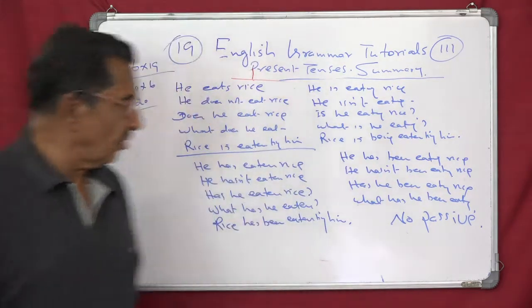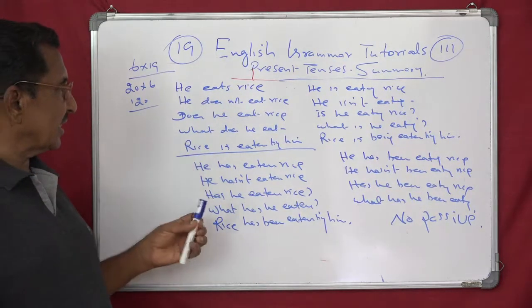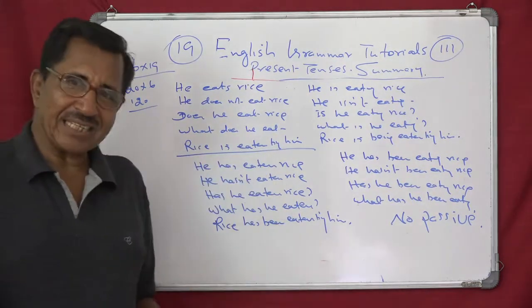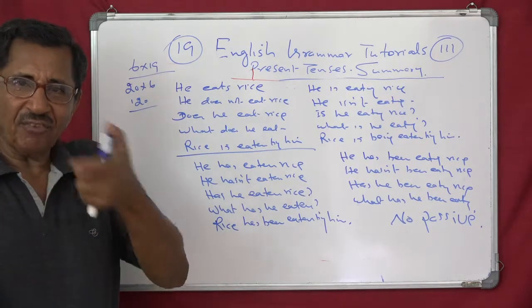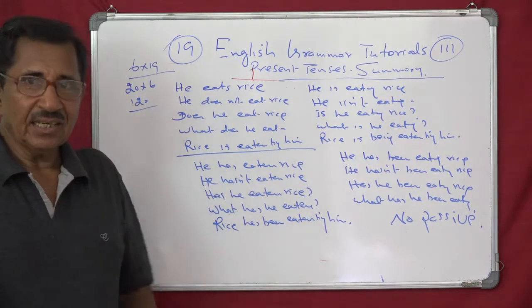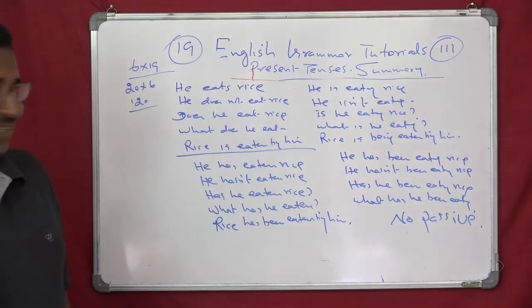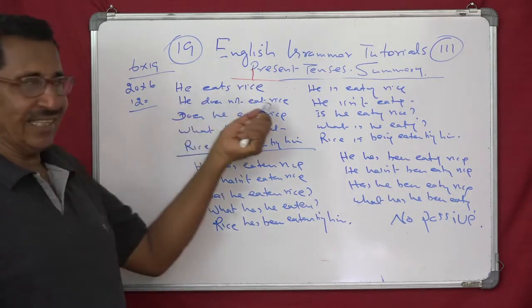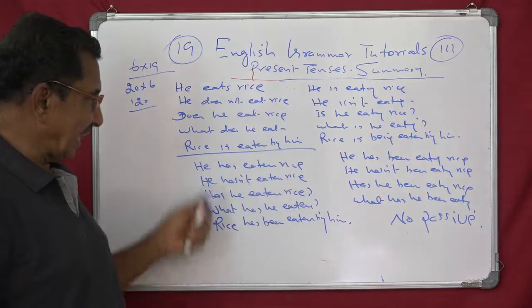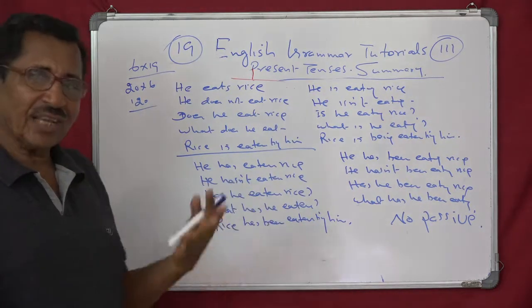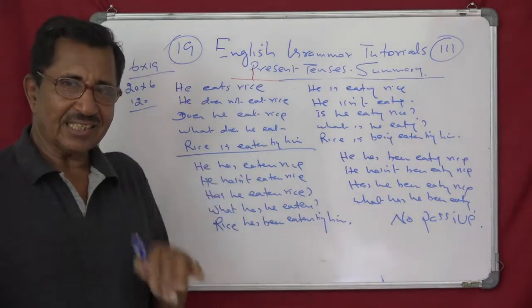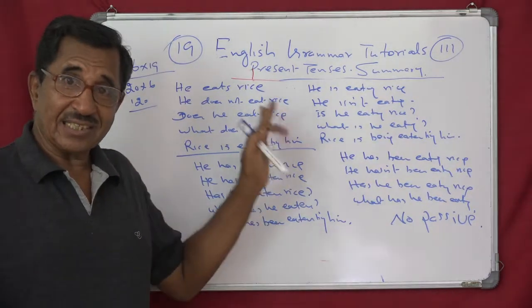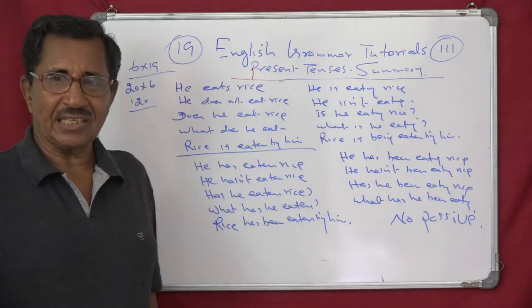So from this board you can see now, these sentences are not separate sentences. They are all transforms, or changed forms, of the mother sentence. The mother sentence is he eats rice. All the other things are transformed. He has eaten is also a kind of transformation, because you are changing the tense, that's all. The simple tense sentence is the mother sentence.